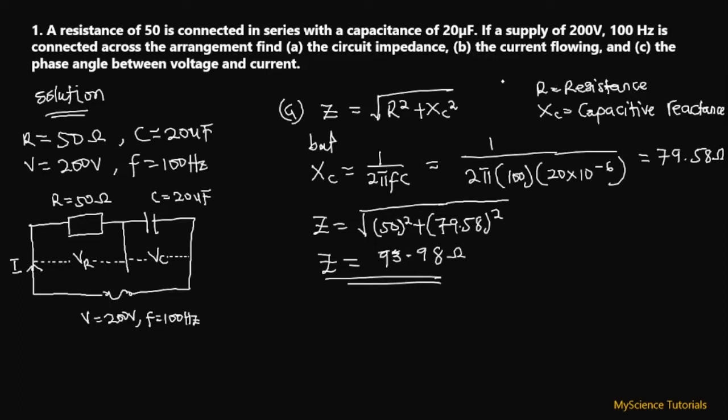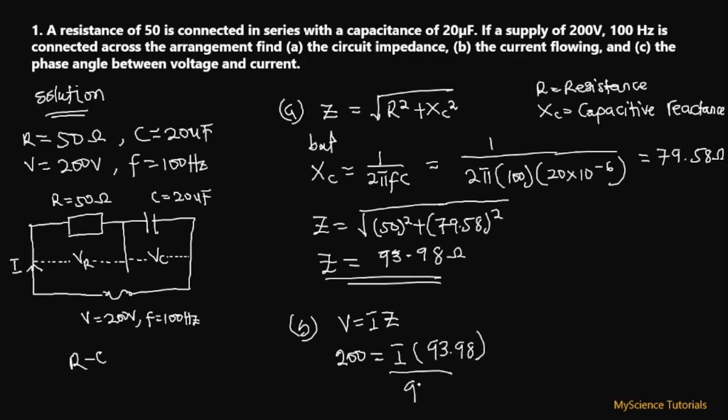Now, the B aspect of the question demands that we find the current flowing through the entire circuit. Now, for this RC series AC circuit, the voltage is equal to the current multiplied by the impedance, which we said is the opposition to the flow of current in this particular circuit. Now, we've been given the voltage to be 200, which is equal to the current we do not know, times our impedance, which we just found to be 93.98.